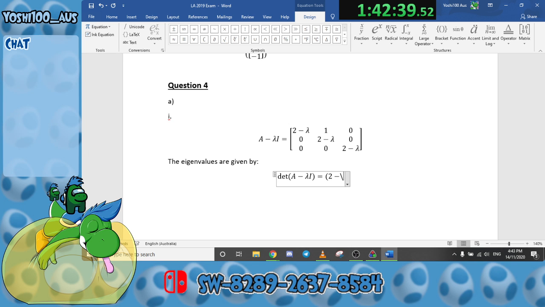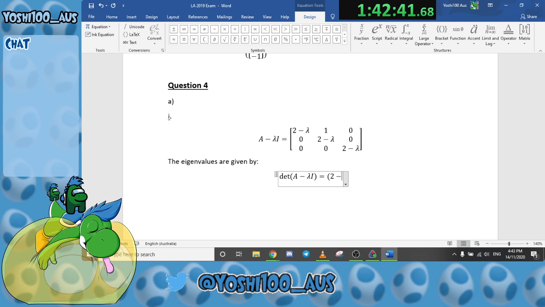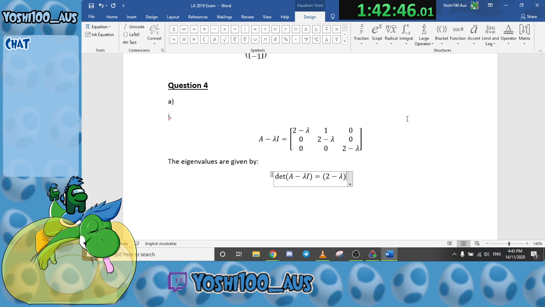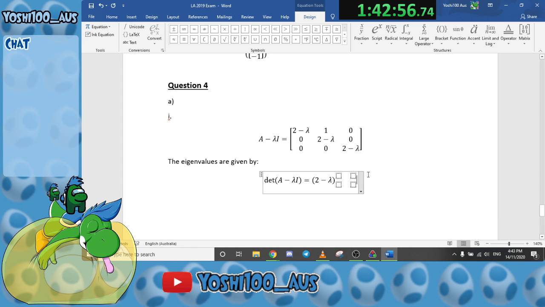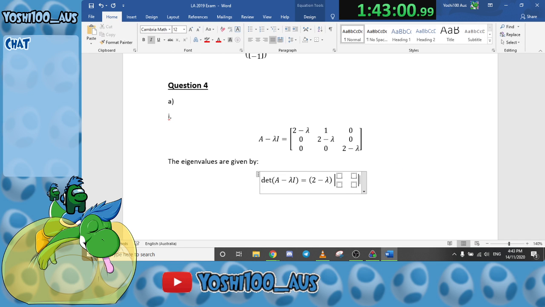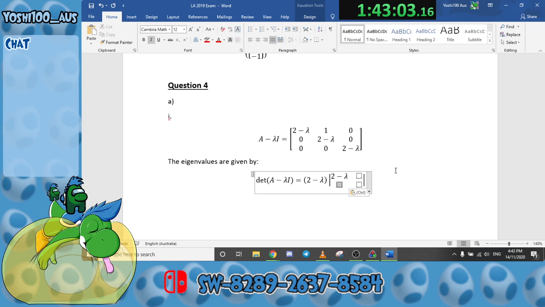To take... oh, not I. And then this little matrix here, right? Because we go here, and then I've got it pasted right now.